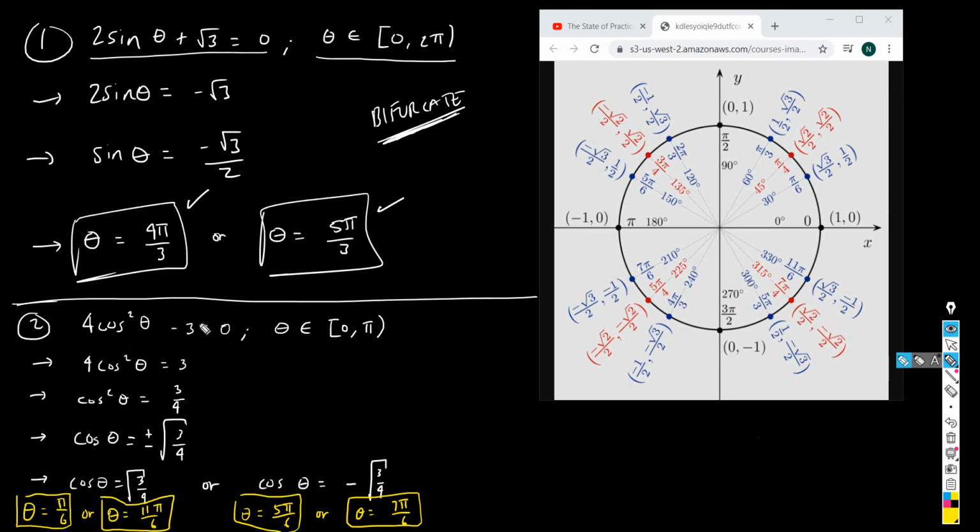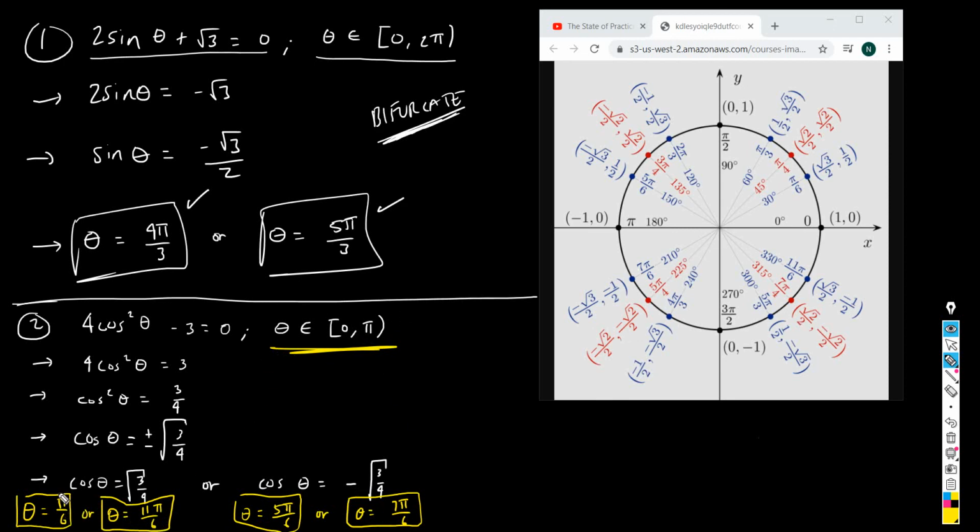The author of this problem will only accept solutions for theta which are within this interval from 0 to pi, excluding pi. 0 can be included, but pi can't. Now, all I need to do next is investigate each of these solutions and tell whether each one of them is in here or not, and just write as a final conclusion those which satisfy this requirement.